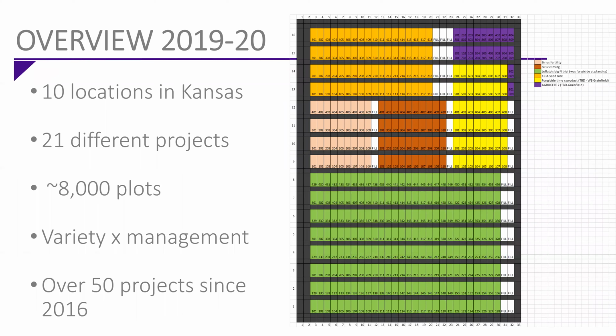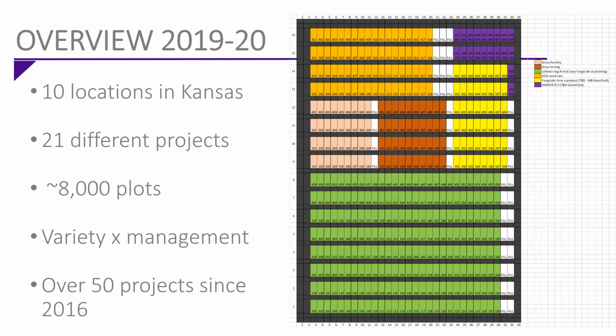What you see in that figure is an example of one of the fields we have this year. Each color is a different experiment, right? This is a field we have in Hutchinson, for example, where we would have about 6 experiments being conducted in that single location. And those experiments are replicated in several locations.